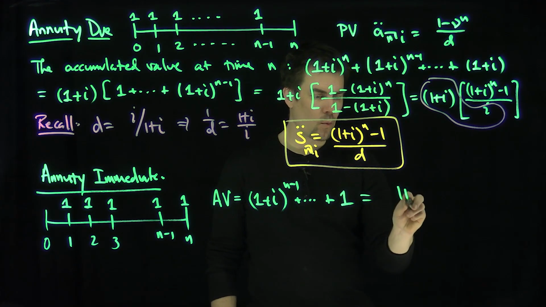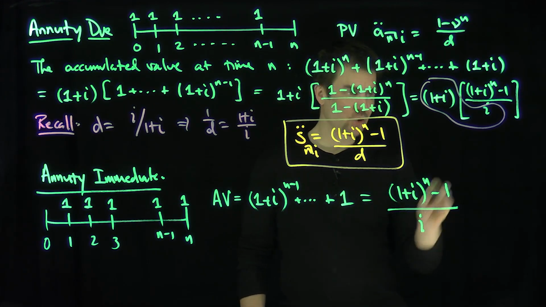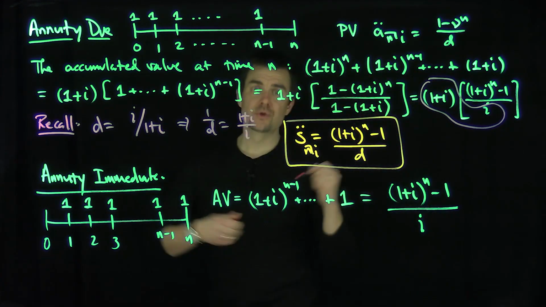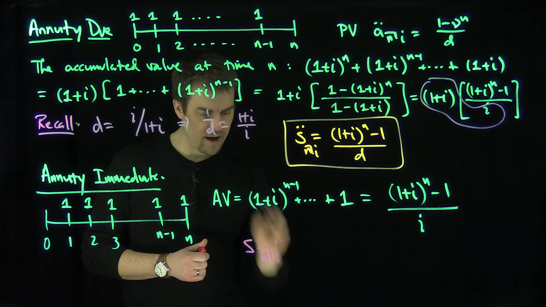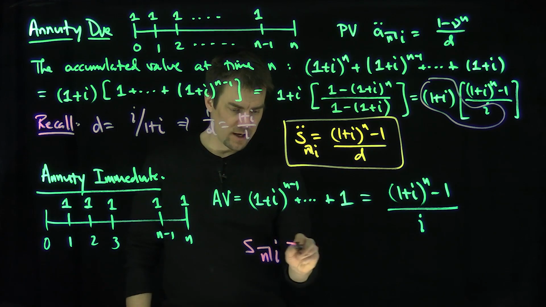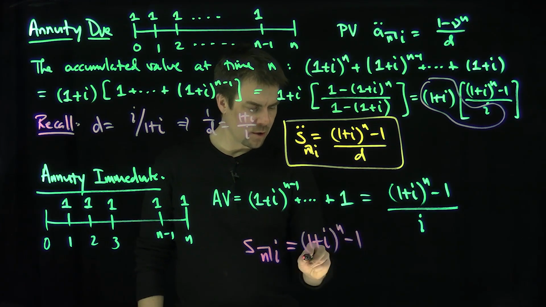What I get is exactly 1 plus i to the power n minus 1 over i, just by replicating this formula over here. So this expression is called S, no dots, for immediate. This is S angle n, the accumulated value of the stream of payments of $1 every year at the end of the year, and it is exactly equal to 1 plus i to the power n minus 1 over i.